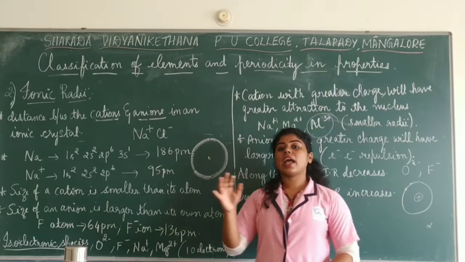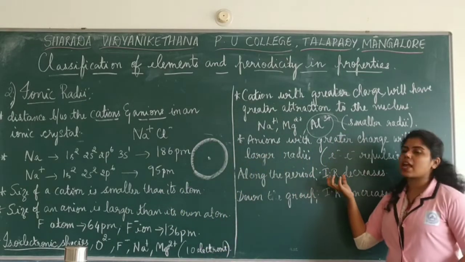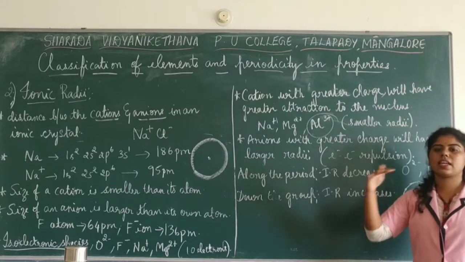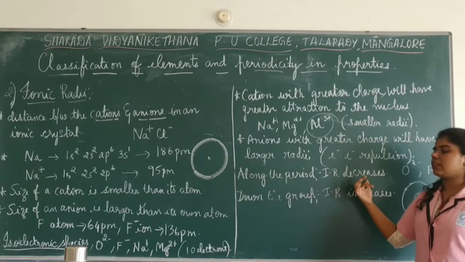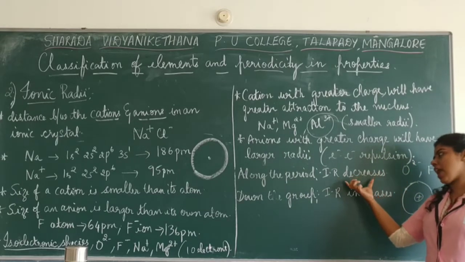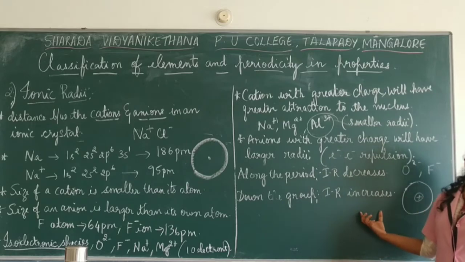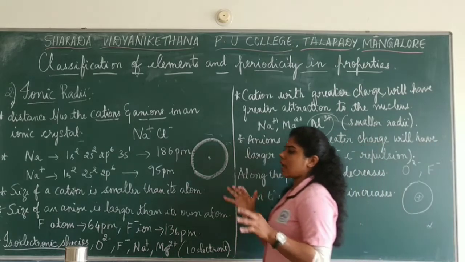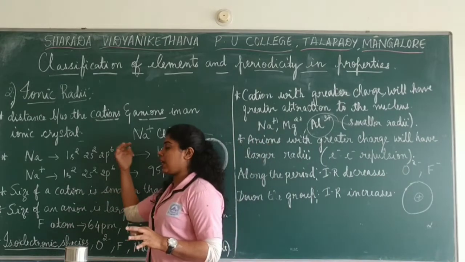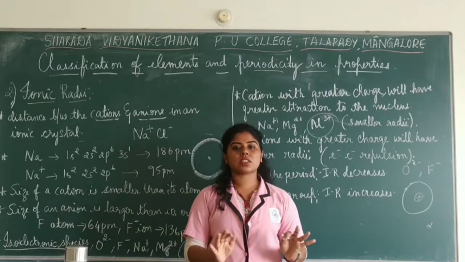Along the period, atomic radii decrease; in the same way, ionic radii also decrease in general along the period, and down the group the ionic radii increase. I hope this is clear: what ionic radii is, and what happens to the size of the ions with greater charge.